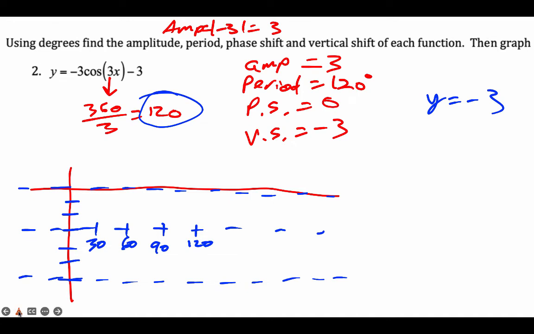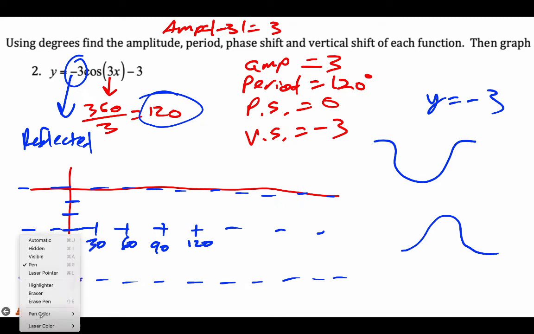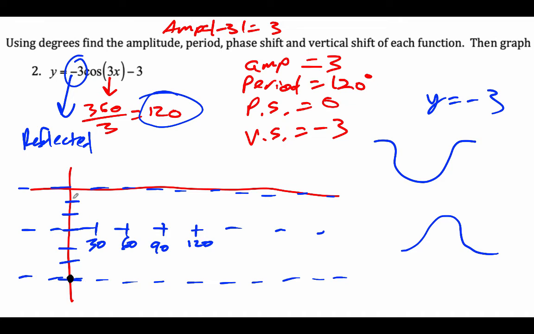Now, very important that you remember the negative means it's reflected. So instead of looking like Batman like that, it's going to look like this. It's going to go the opposite direction. We're going to start at the minimum value, so it's reflected down.